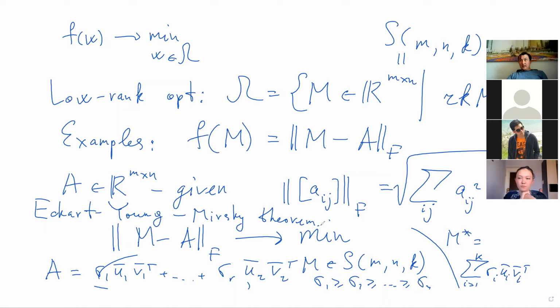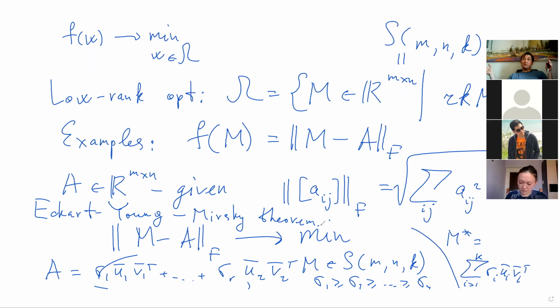This leads us to the idea of SVD, where we have principal component analysis, right? Roughly speaking, Eckart-Young-Mirsky showed the connection between low rank optimization for a specific objective and principal component analysis.